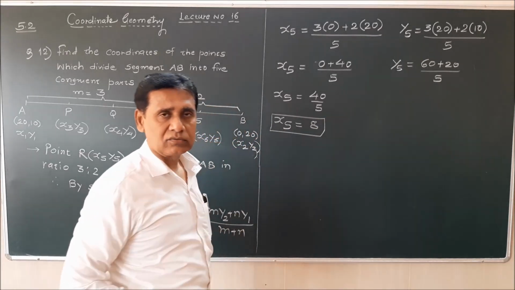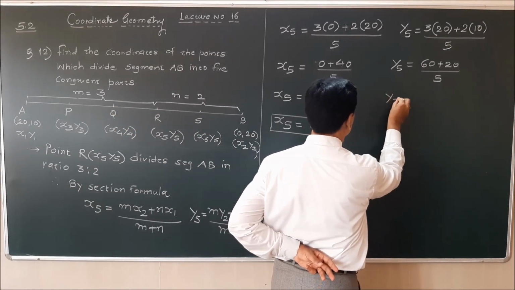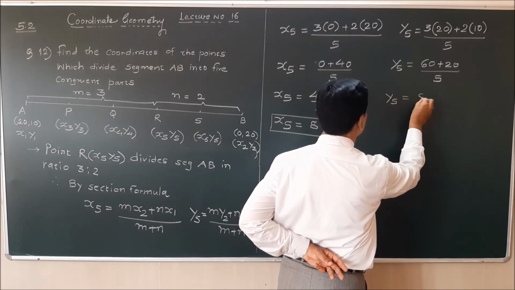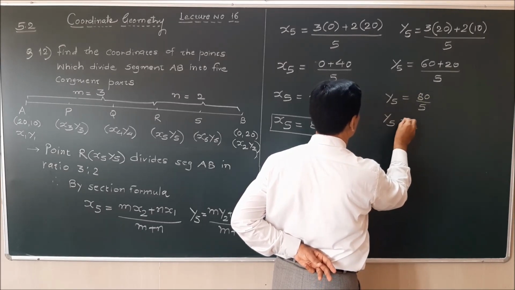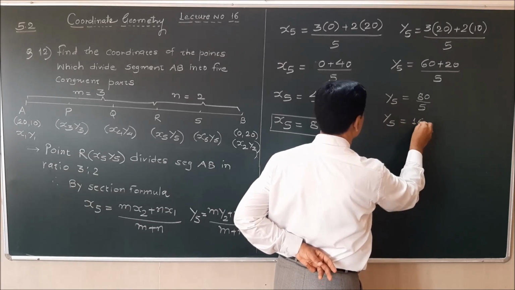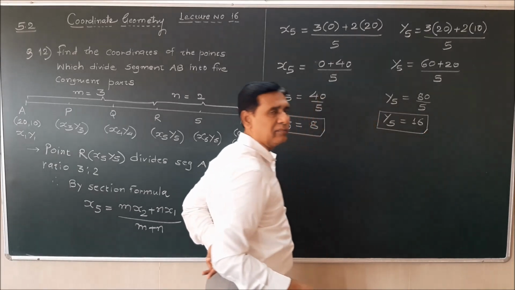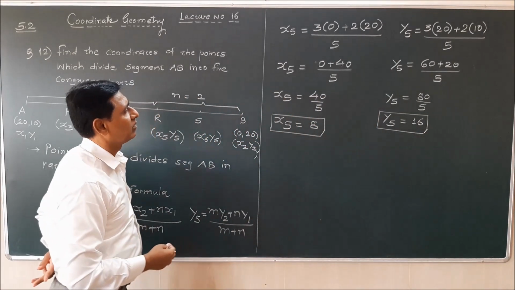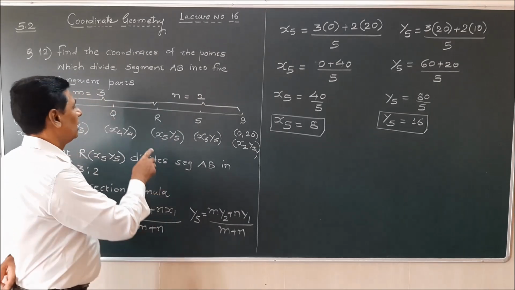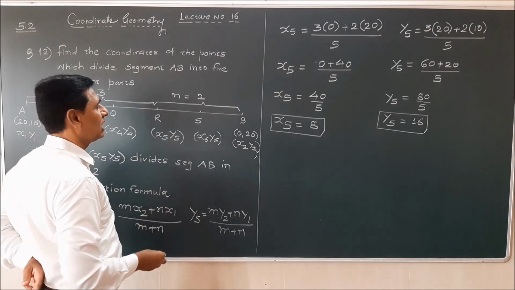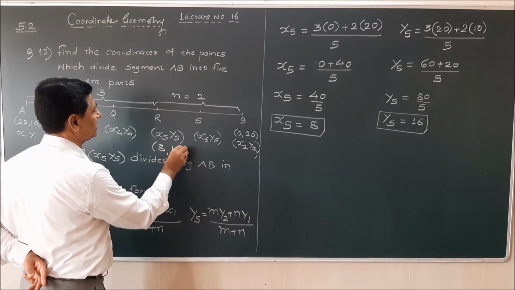Now I am going to find the value of y5 in the same way. y5 is equal to 60 plus 20 is 80 upon 5. So y5 is equal to 16. So in a very simple manner, we use the section formula to get the coordinates of point R. So the coordinates of point R are 8, 16.